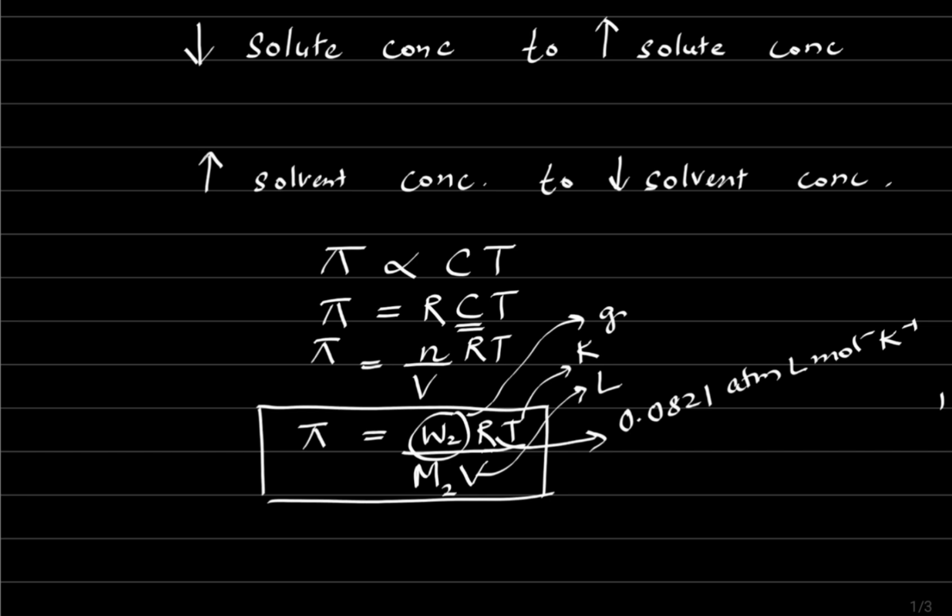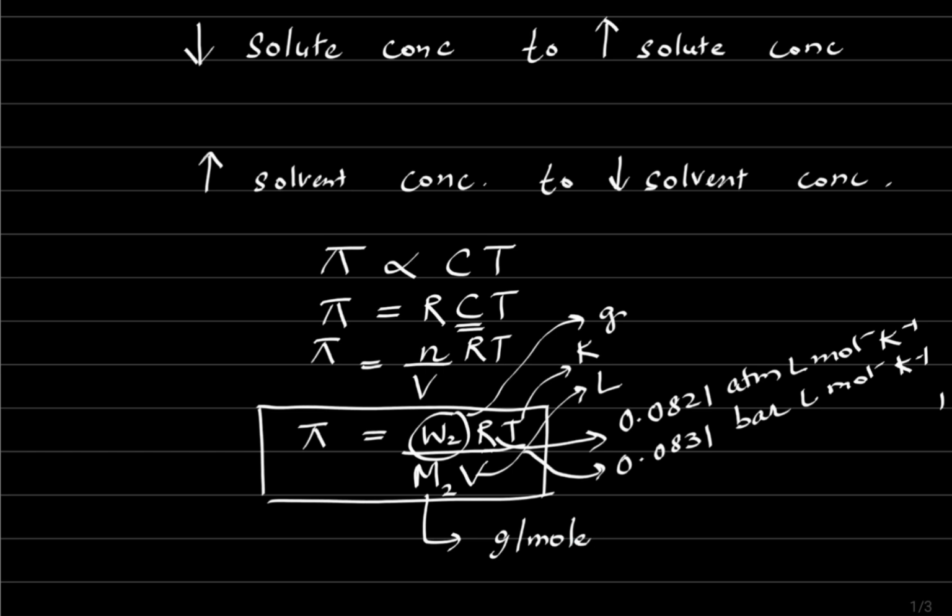And if you express osmotic pressure in bars, the value would then be 0.0831 bar liter per mole per Kelvin. And when you work out the unit, you will see that the unit of molecular mass comes out to be grams per mole, which is as it should be.